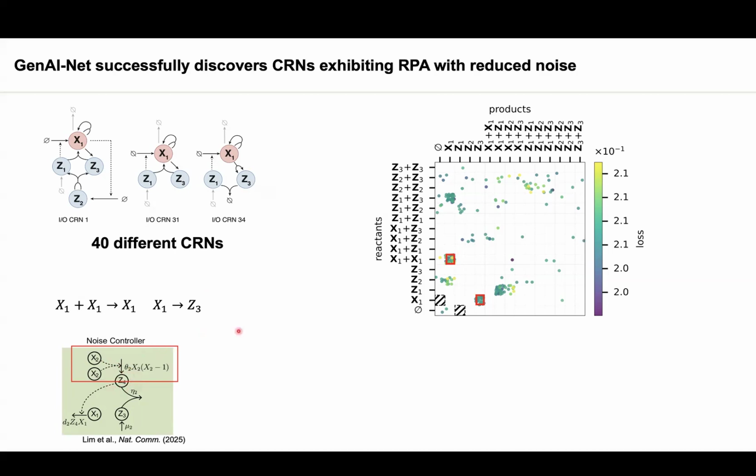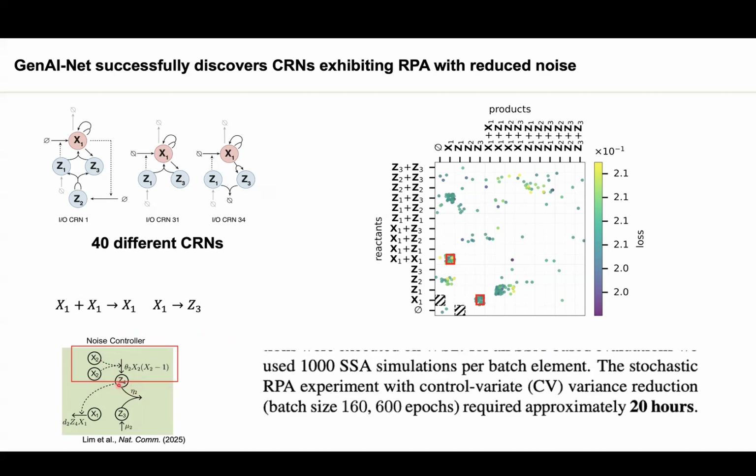To discover these reactions, I spent about 6 months, but GenAI-Net only took 20 hours to find them. So it is 180 times faster.